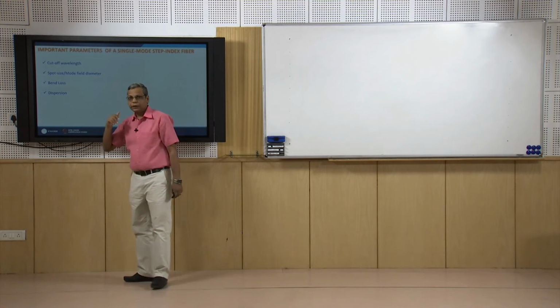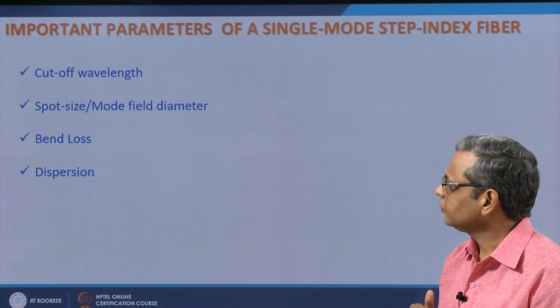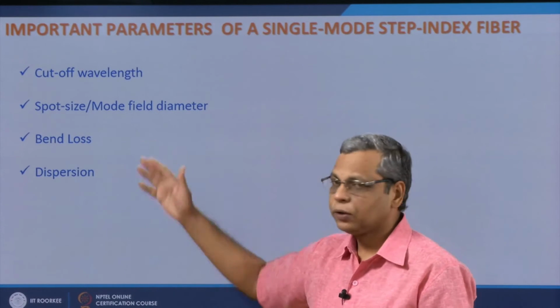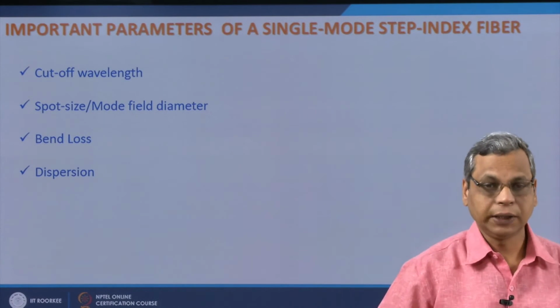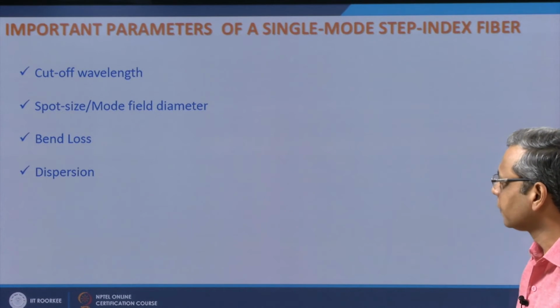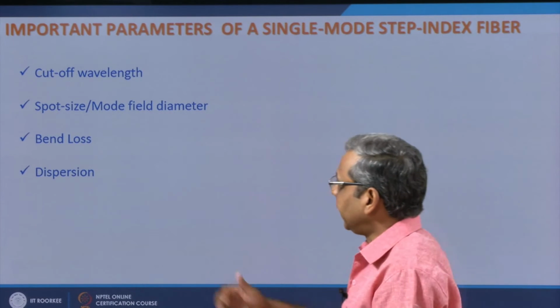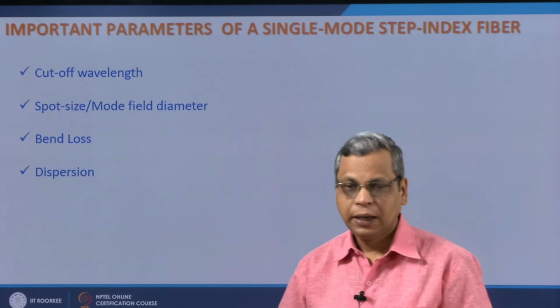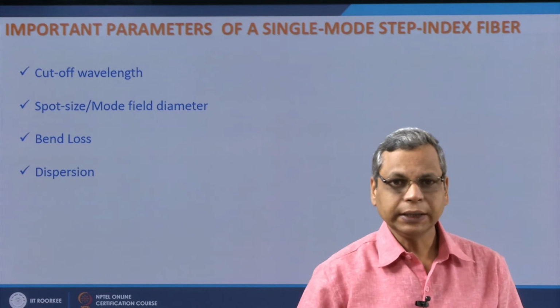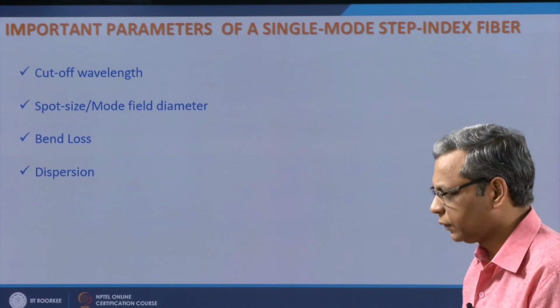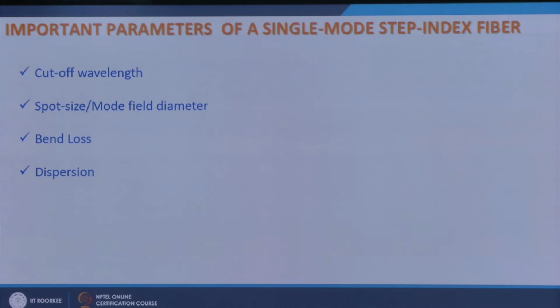What is the cutoff wavelength of the fiber? What is the spot size or mode field diameter or effective area of the fiber? What is bend loss? And what are the dispersion properties of this fiber? So, we would look into these in subsequent lectures as we go along.